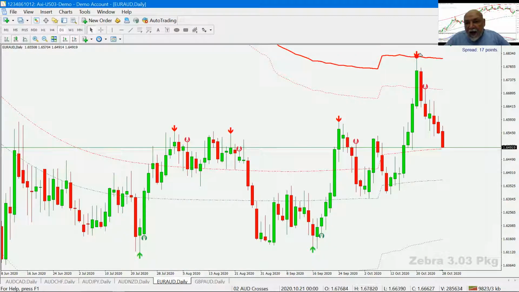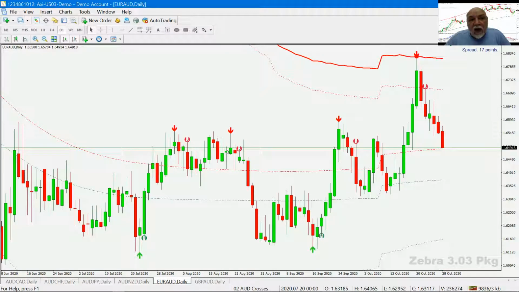Here we had a nice setup right there, coming in with a nice move to the downside. So you can see we took a trade to try to make 17 or was it 13, 14 pips with a lot of work. Looking at the dailies, you blow through those dailies.